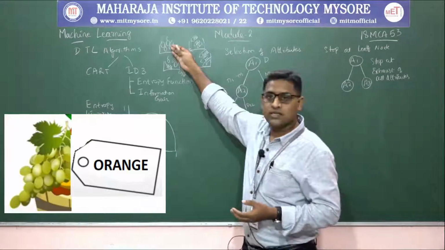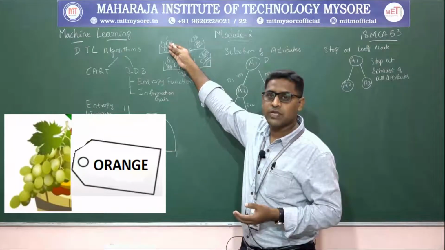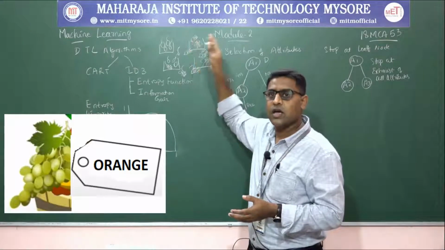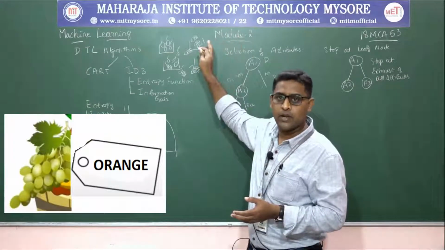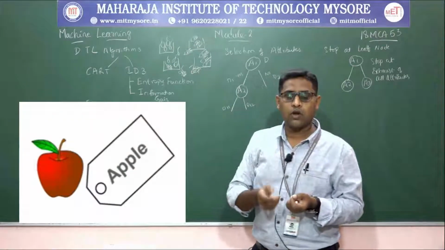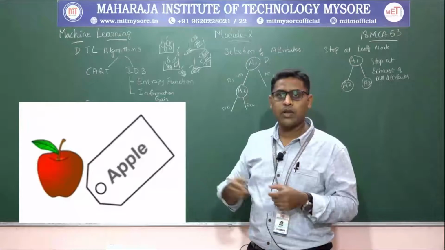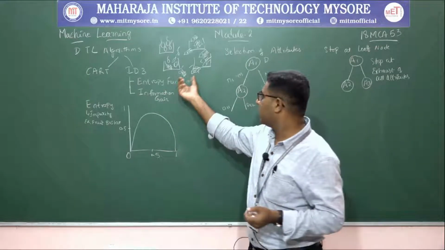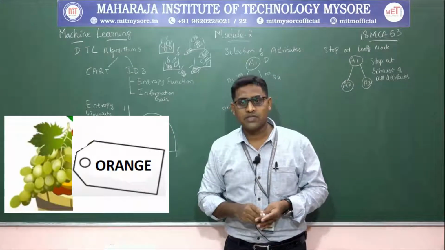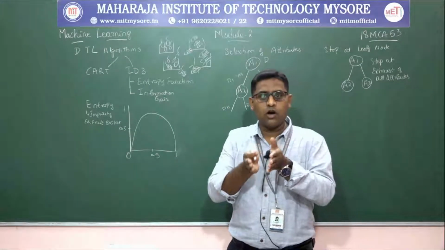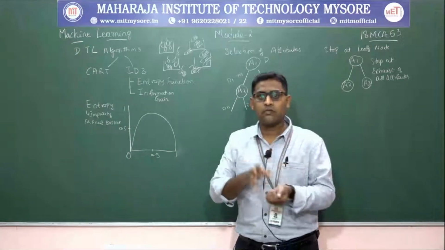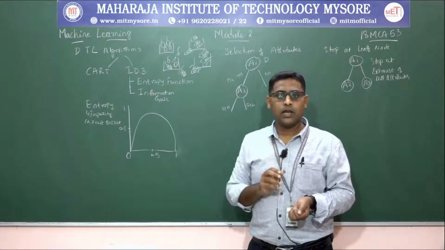Here, all the fruits present in the basket are apples and all the labels in the other basket are labeled with the name apple. So the probability of getting the fruit apple and the label apple is always 1, and in the other case it might be 1 or 0. In other words, you know the famous example of a hen on a compound wall which is ready to lay an egg.